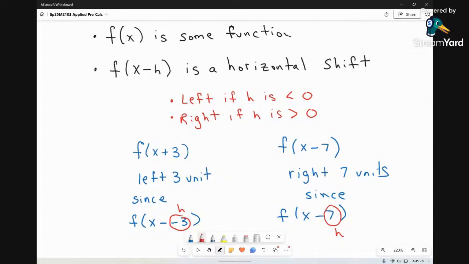When we see a plus 3, we have to internalize that's a left 3 units. I don't know how else to say it. It just is what it is. We've explored it, and it is what it is. So left 3. Now, when we see an x minus 7, we say the h value is 7, which is right, because 7 is a positive number, so we're going 7 units to the right.